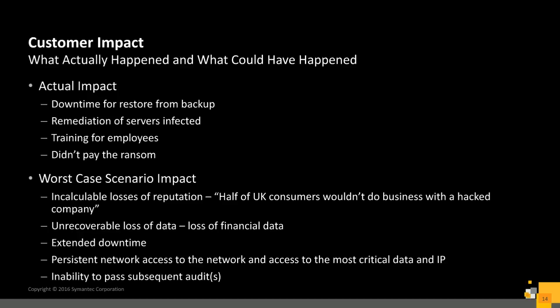They were also worried about persistent network access to their networks and access to some of their most critical data and IP. A lot of what organizations have that's their highest value assets is actually their intellectual property, and frequently that's stored on their servers. So whether it's plans for the future, whether it's product designs, whether it's agreements that haven't been signed yet and are still in the planning phases, that kind of IP is what criminals look for.